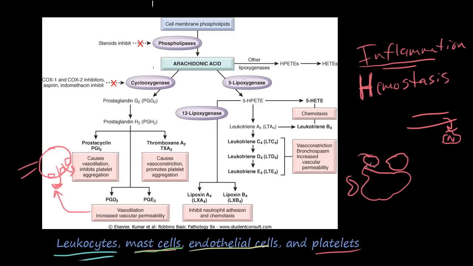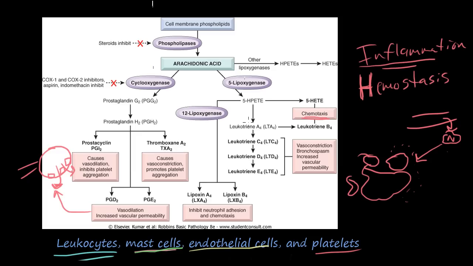How does it know how to get over to this battle? There's not a road that will tell them to go this way. There are little chemical signals here, and it needs to follow these chemical signals, which helps with chemotaxis, and that's what chemotaxis is. And so 5-HETE and leukotriene B4 help with chemotaxis.